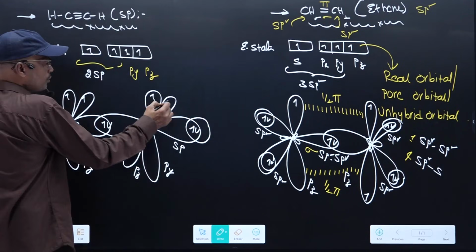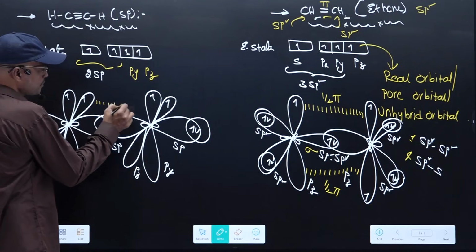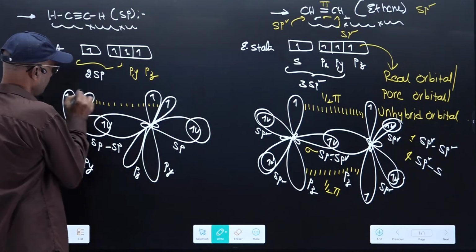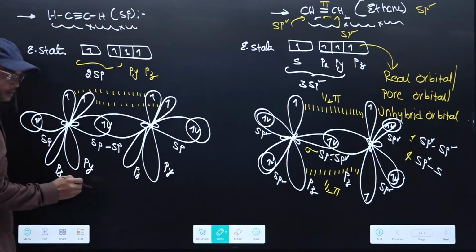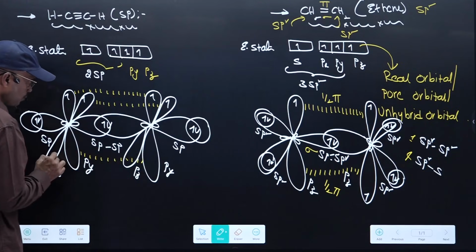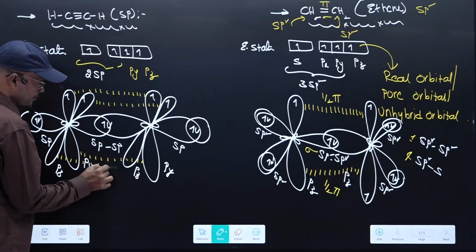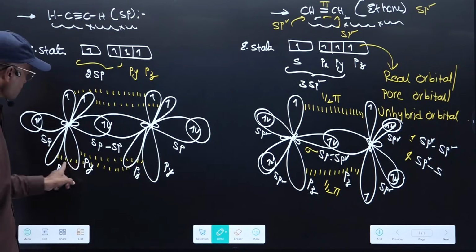It is also overlapping with hydrogen. And here one electron, right? Now see, this pz overlaps with this pz. This py overlaps with this py. And here also the same. This py overlaps with this py. This pz overlaps with this pz. This is y and this is z. So z to z like this.